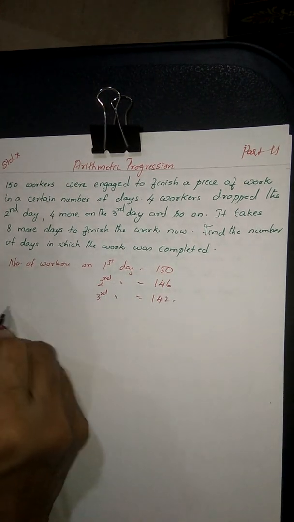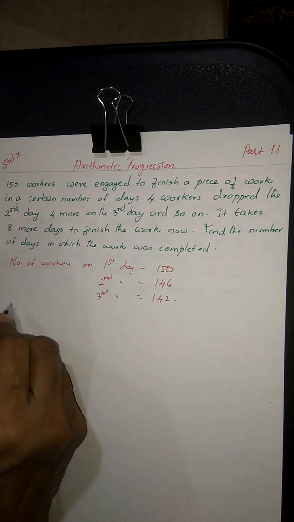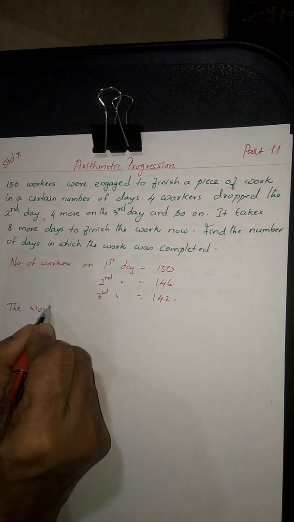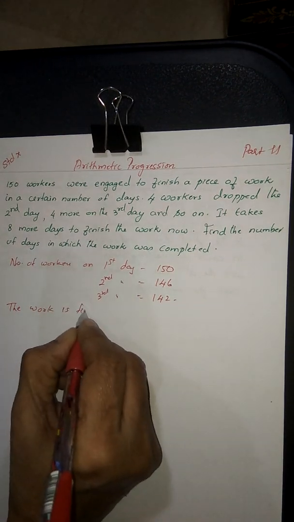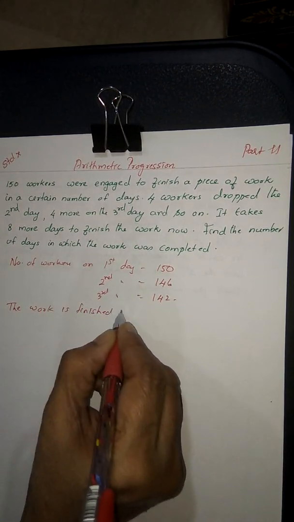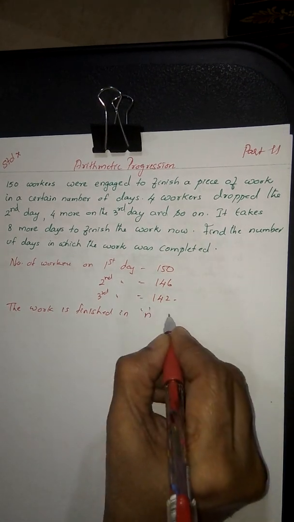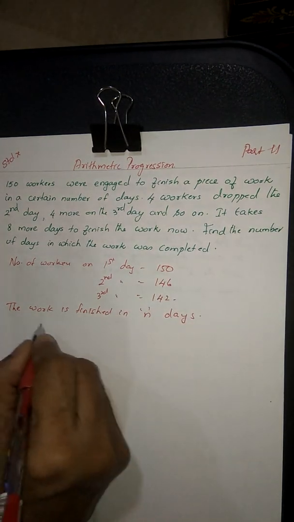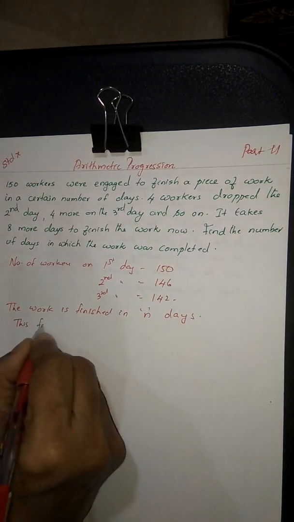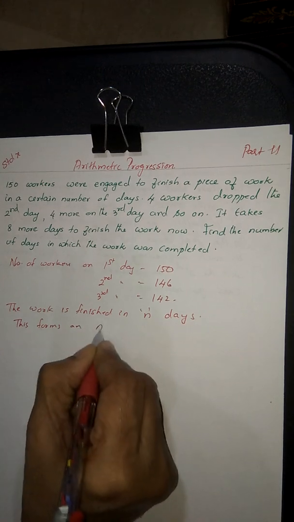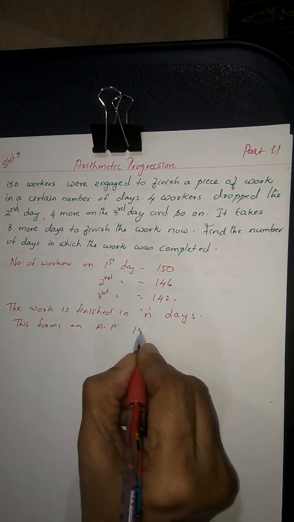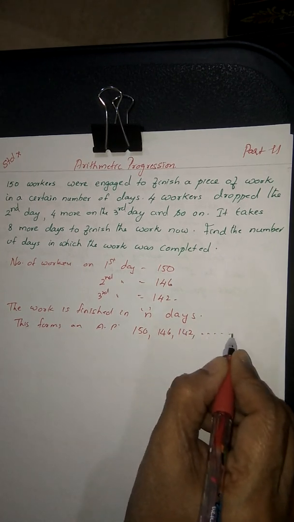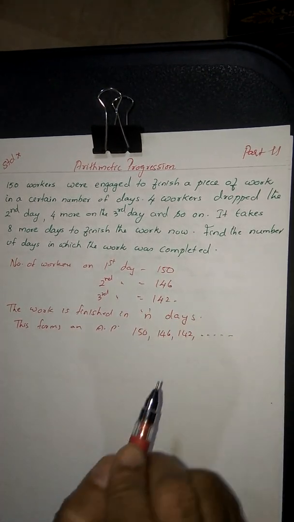Now let us assume that with this rate, the work is finished in n days. So this forms an AP: 150, 146, 142, and so on, till n days.